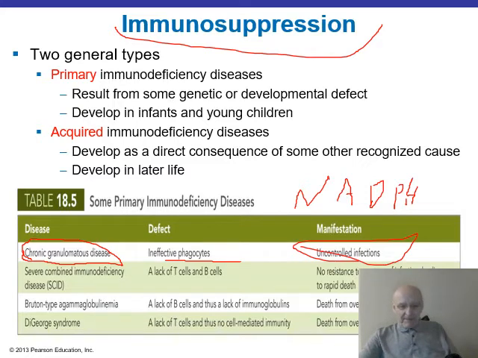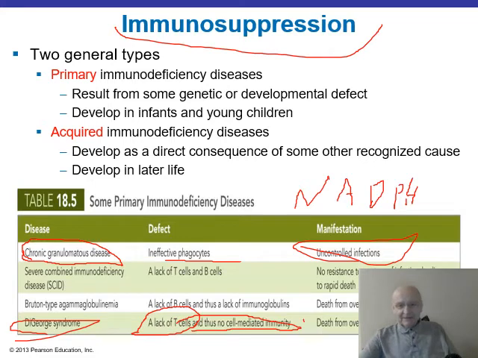Now, you can see that there are other kinds of symptoms like DiGeorge's syndrome here. This is where your thymus, it says lack of T cells and no cell-mediated immunity. This is where your thymus doesn't develop correctly because of genetic problems.